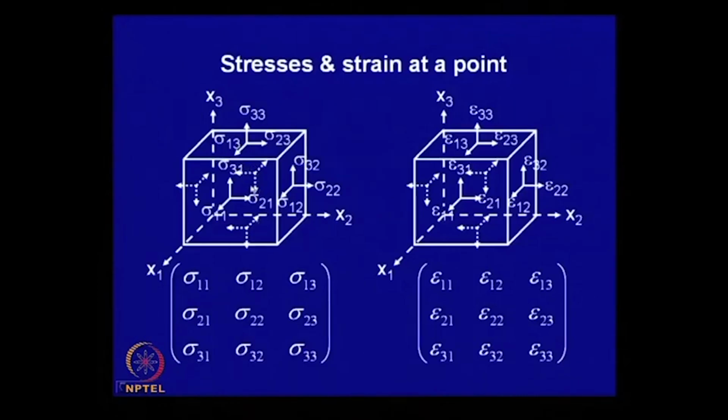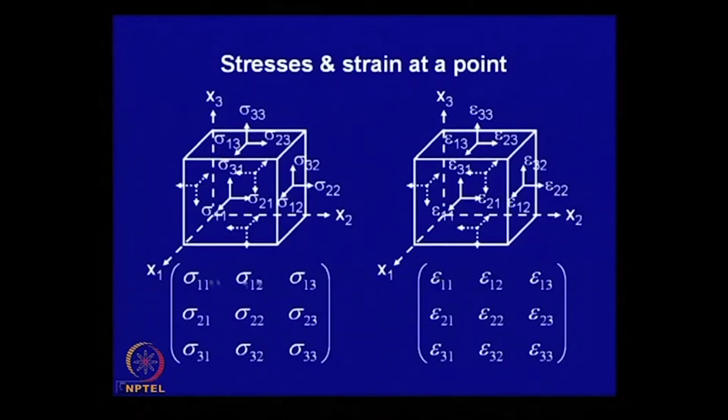So, that means sigma 1 2 or sigma 1 3 should be equal to sigma 3 1. So, in reality it is good enough to define stress, that means the stress matrix is symmetric. Sigma 2 1 is equal to sigma 1 2, sigma 1 3 is equal to sigma 3 1, sigma 3 2 is equal to sigma 2 3, and the same thing happens in case of strain as well.